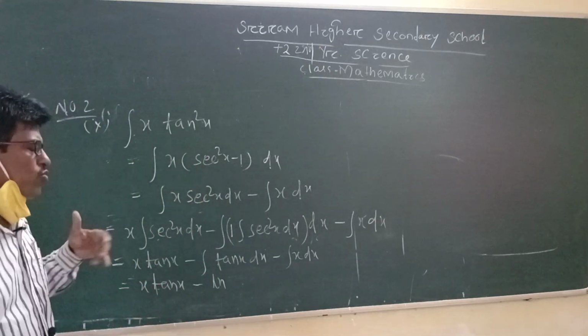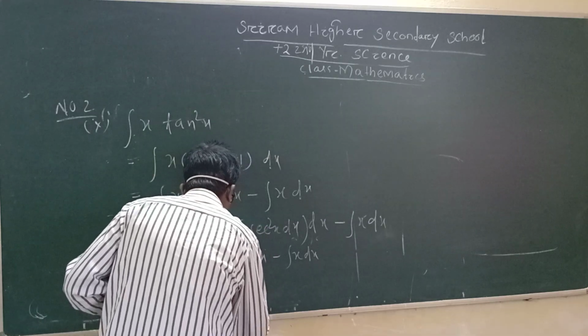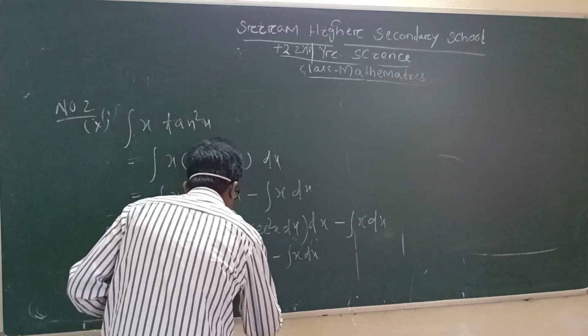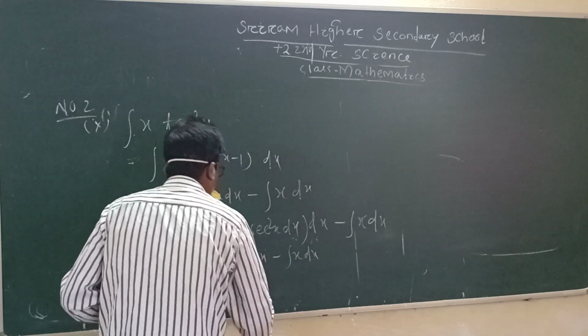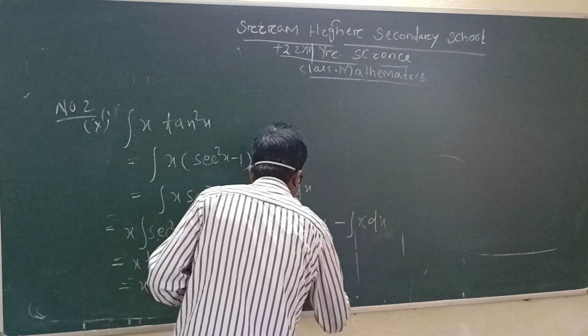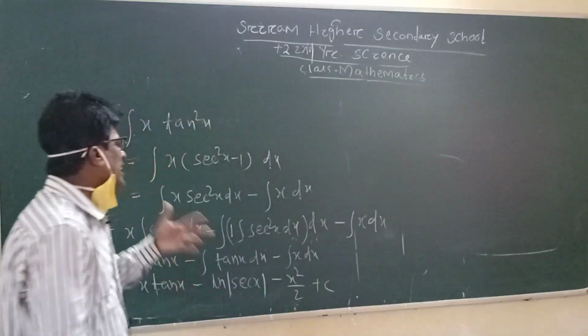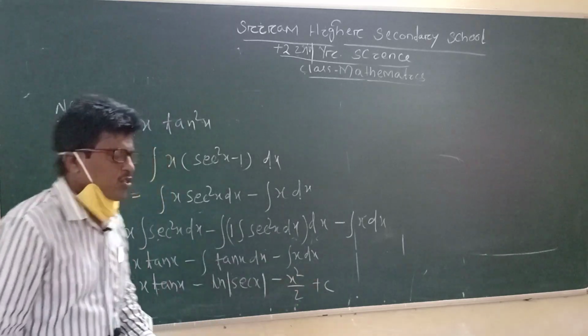I already told you before: ln sec x. You can use modulus here, log sec x, minus the integration of x, which is equal to x square by 2 plus c, because the constant c is put at last after integrating all the values.